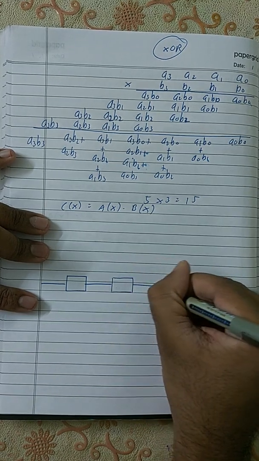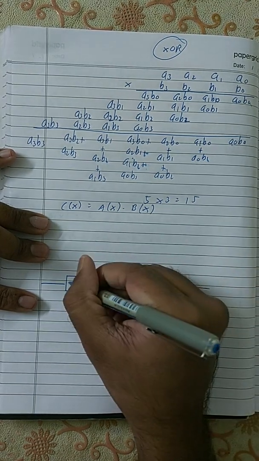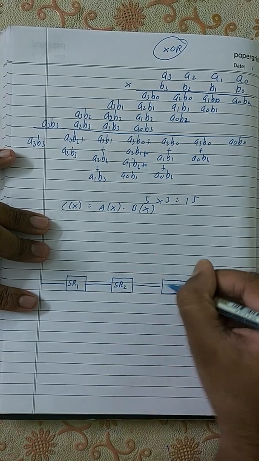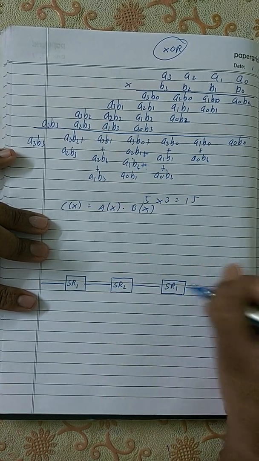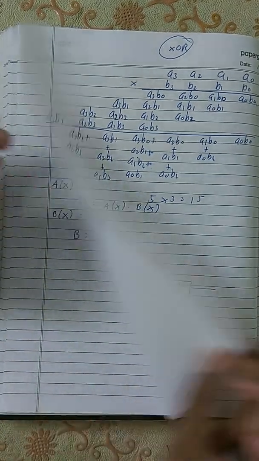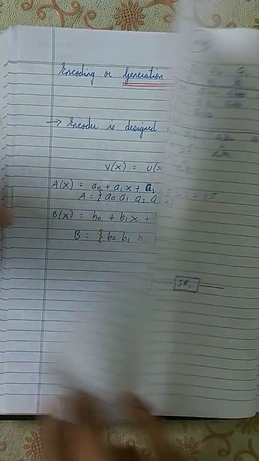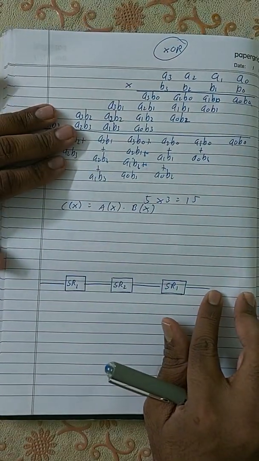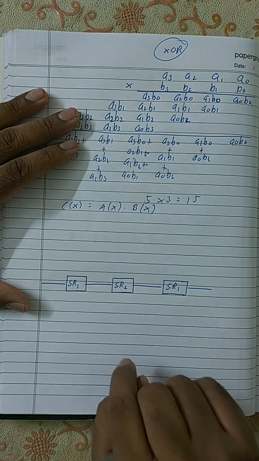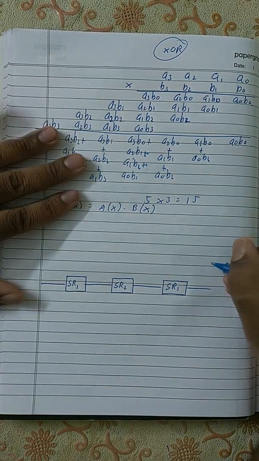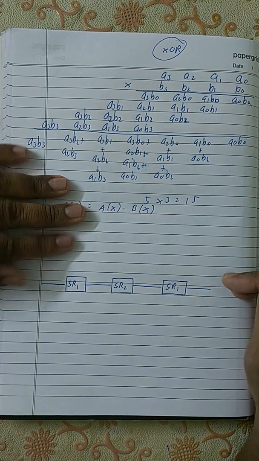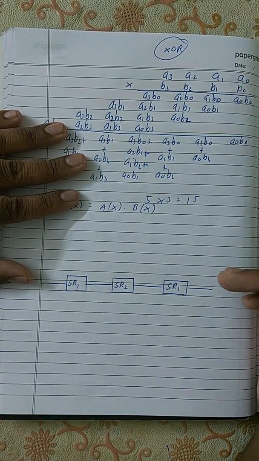This is SR1, this is SR2, this is SR3. Shift registers 1, 2, 3, three shift registers because the polynomial degree is 3. Next, at the output of every shift register, I'm going to put an XOR function. But before drawing the output, let me draw the switch.